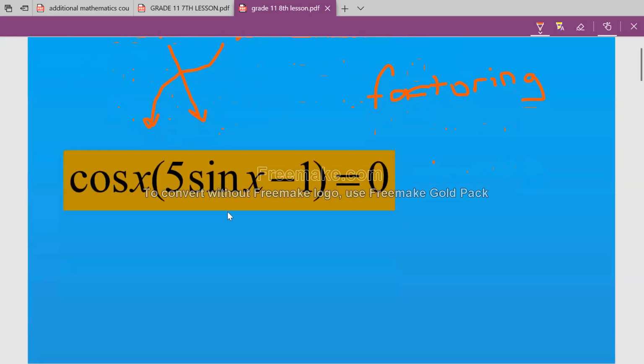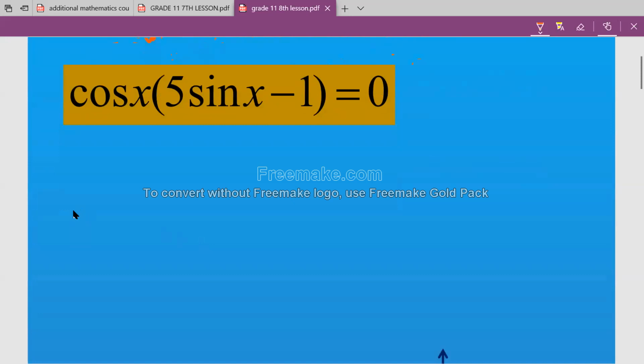Now, what do we do next? I will equate each to 0. When you equate to 0, cosine x equals 0, and 5 sine x minus 1 equals 0. Okay, first do cosine x equals 0.